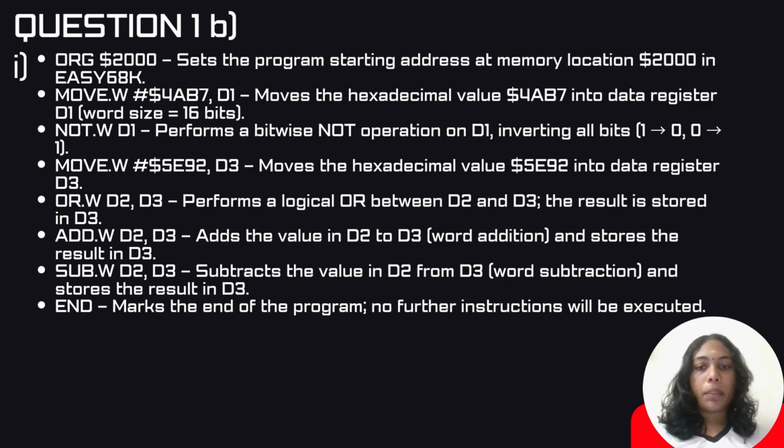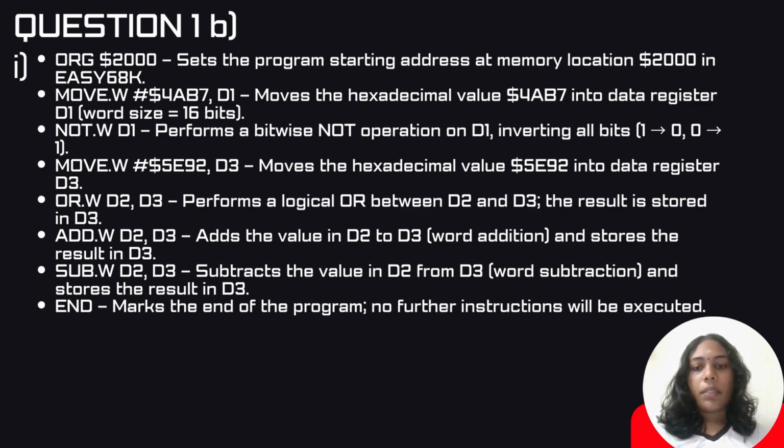Third, not.w D1 performs a bitwise NOT operation on D1, inverting all bits, 1 to 0, 0 to 1. Fourth, move.w #$5E92,D3 moves the hexadecimal value $5E92 into data register D3.